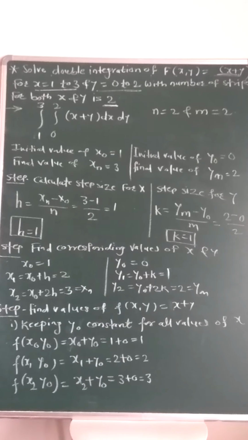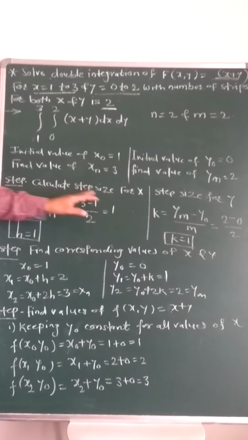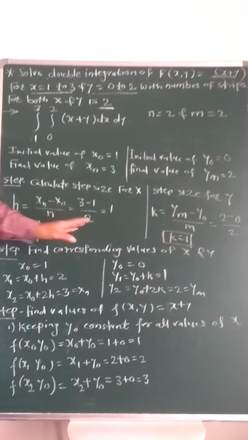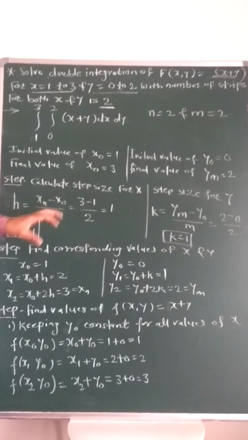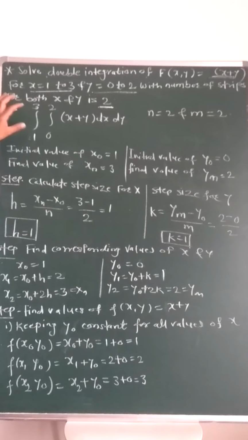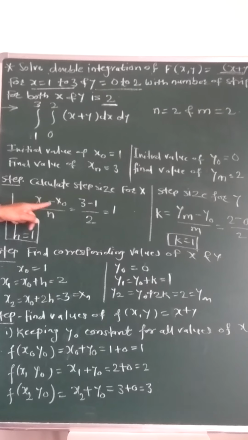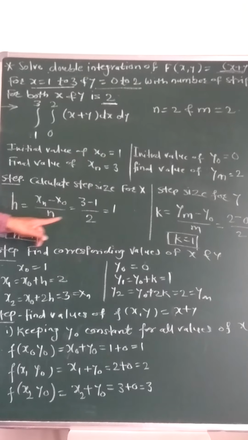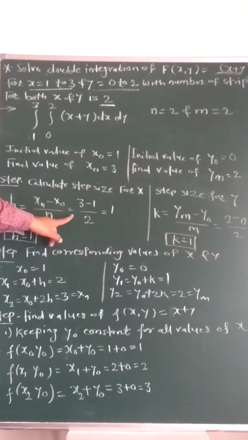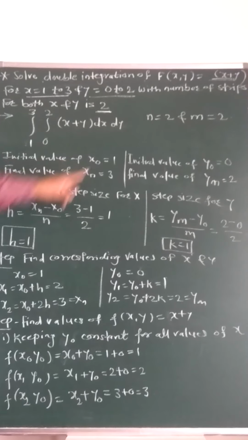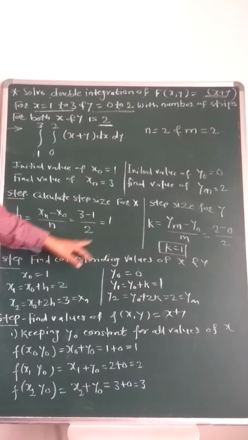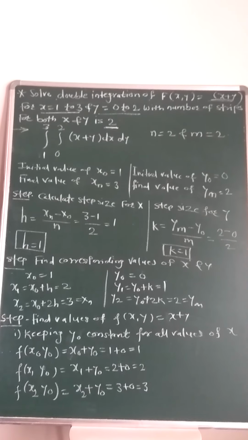Now step number 1, calculate the step size for x. As we know, h is the step size for the interval x0 to xn. Therefore, h is equal to xn minus x0 divided by n, which is 3 minus 1 divided by 2, which is equal to 1.